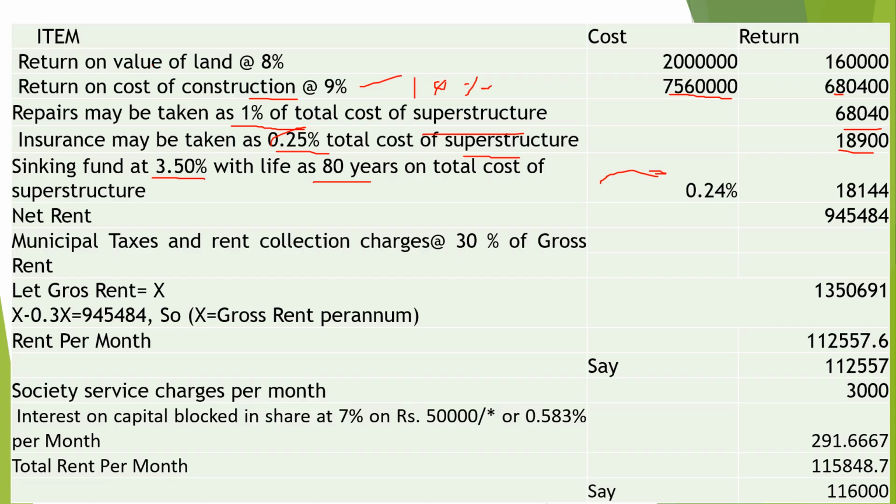So net rent will be 9,45,484. Municipal taxes are given to you as 30% of gross rent. So let us suppose gross rent is x, then x minus 30% of gross rent should equal net rent, where x is gross rent per annum.